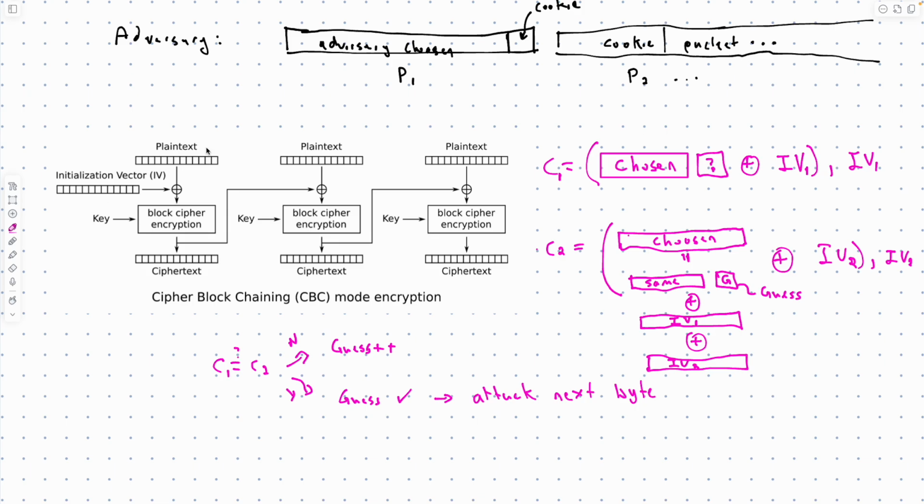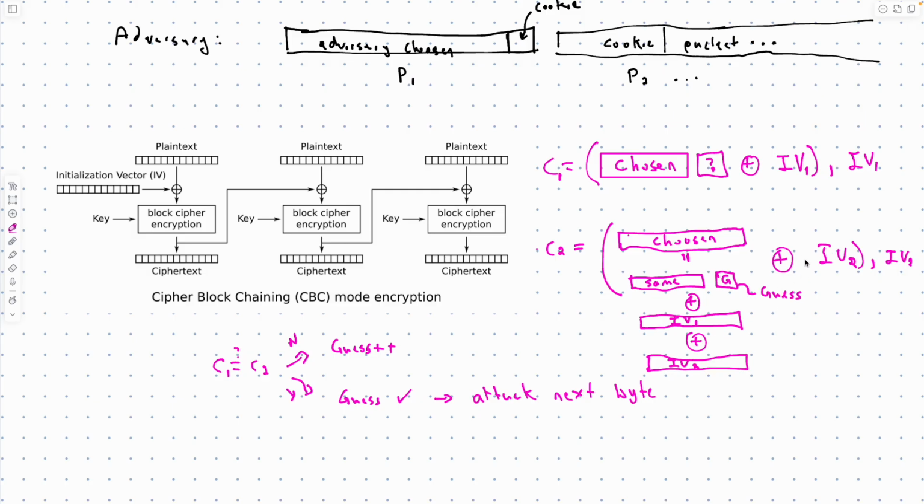I hand it to the browser and say to encrypt it. So the browser says, okay, there's that plain text value. I'm going to XOR it with the initialization vector. So I'm going to XOR it with IV2. What happens? Okay, but before, that's where we're ultimately going.